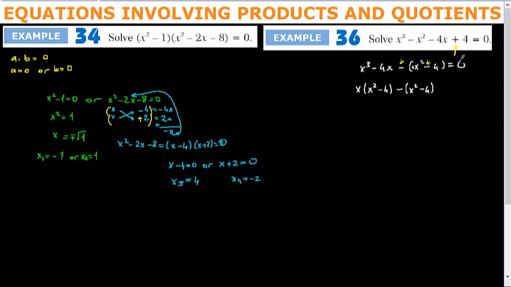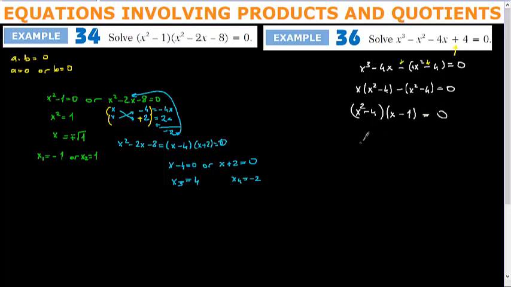I forgot at the first step, I'm also writing it's equal to 0. Then x times x squared minus 4, and I have minus sign. When you take x squared minus 4 out whole, you need to write 1 here, then it's equal to 0.